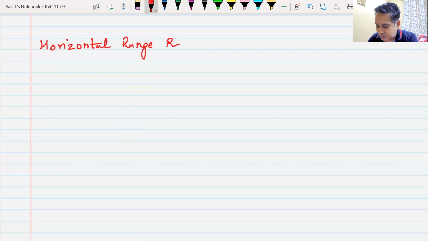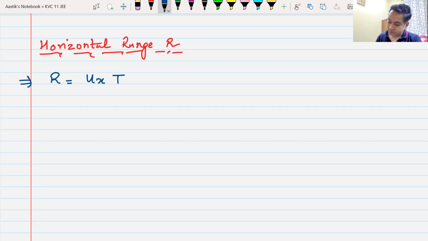Horizontal range R, I can write it in different ways. I can write it as ux multiplied by t. Ux is the horizontal component of velocity, t is the time of flight.